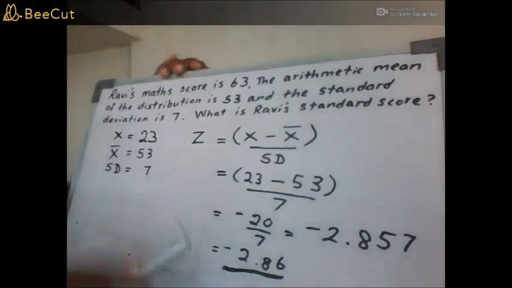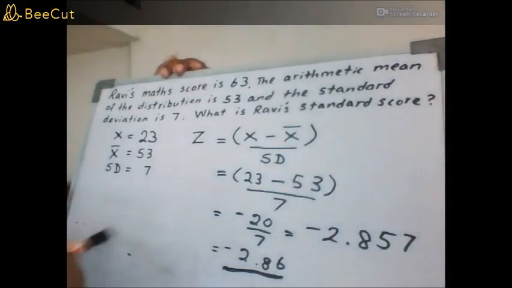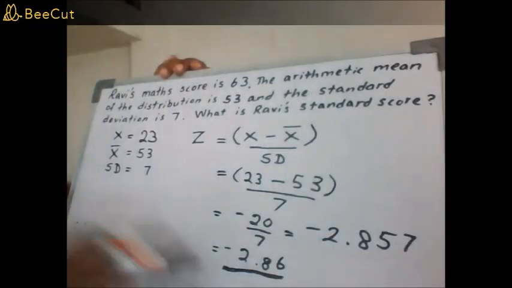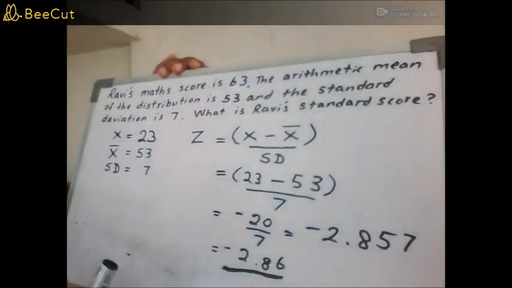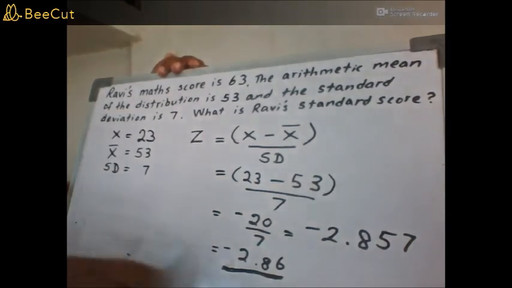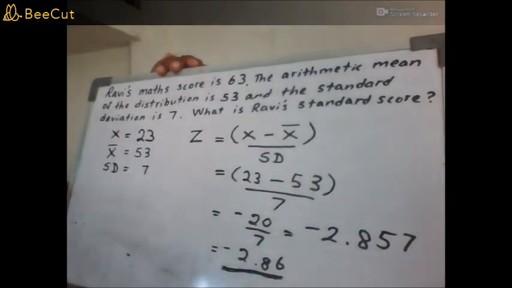Dinu has scored below the average mark, that's why you get a minus Z score. She has scored at the very low end, because minus 3 is the lowest; she is closer to the lowest mark.